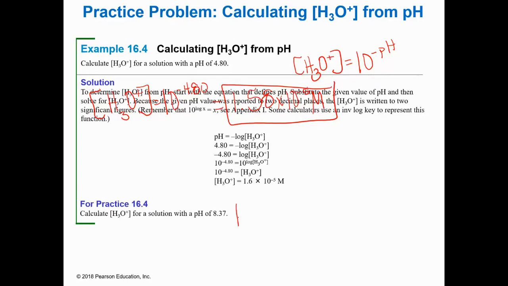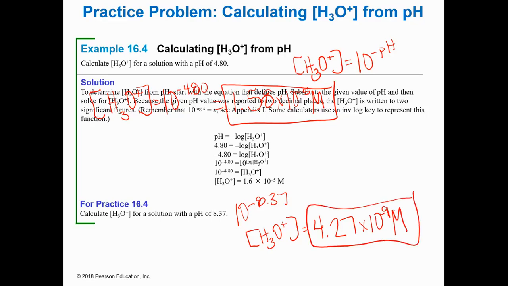Okay, there's one more. So I do 10 to the negative 8.37. And it is 4.27 times 10 to the negative 9 molar. Don't forget, concentrations have units. Units are super important, y'all.